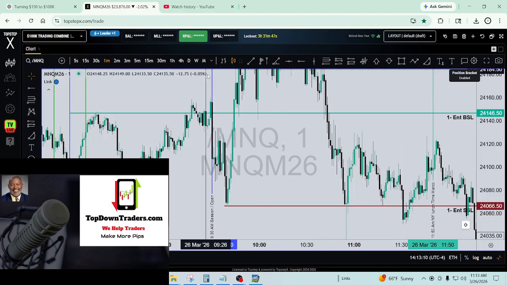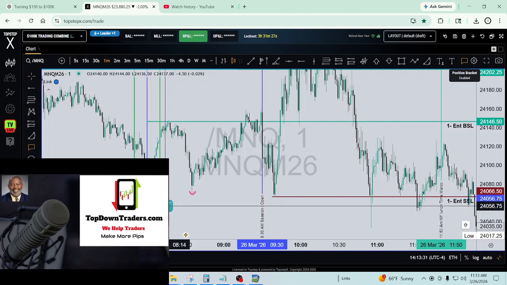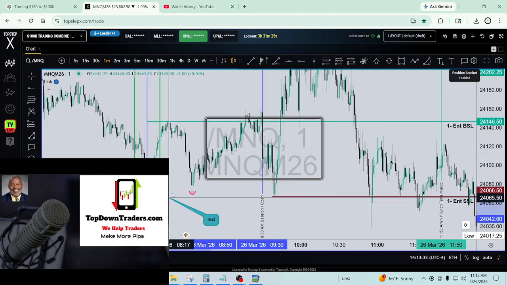So again, this blue line is the 9:30 open. Price ran down quickly. It took out the lows to the left. See this low? Price took out this swing low. Let me do something different. Let me just annotate what I'm doing here this way.